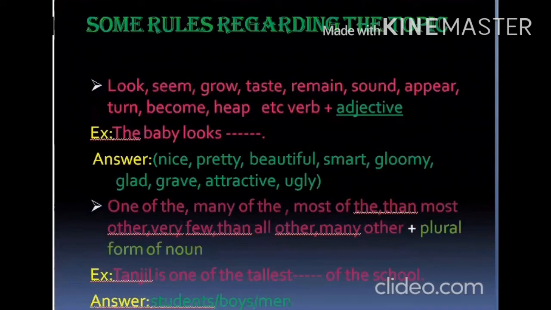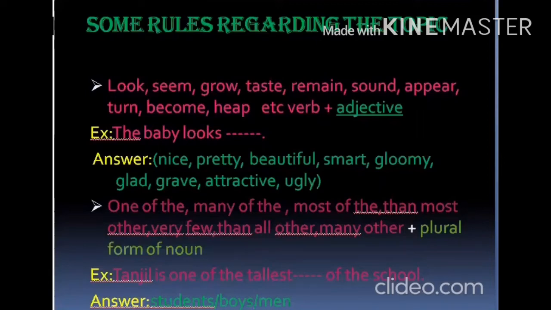My next rule is that I have written some verbs: look, seem, grow, taste, remain, sound, appear, turn, become, etc. Just remember and memorize all these verbs, okay? I've suggested you memorize all these verbs, and it is a very common rule.